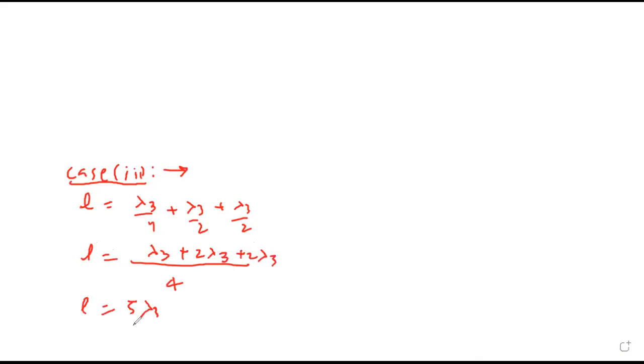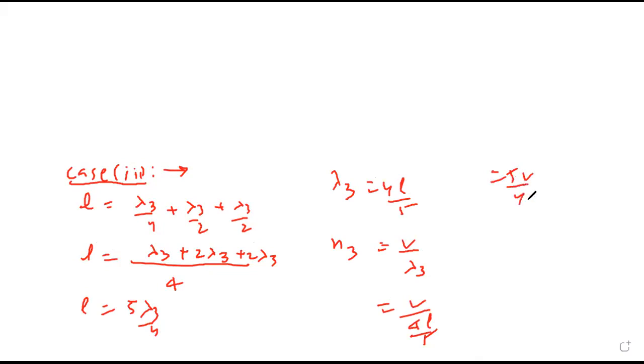That is 5 lambda 3 by 4. So lambda 3 is 4L by 5. Frequency is V upon lambda 3. That will become V upon 4L by 5, 5V upon 4L, 5 times N1. This is fifth harmonic or second overtone.